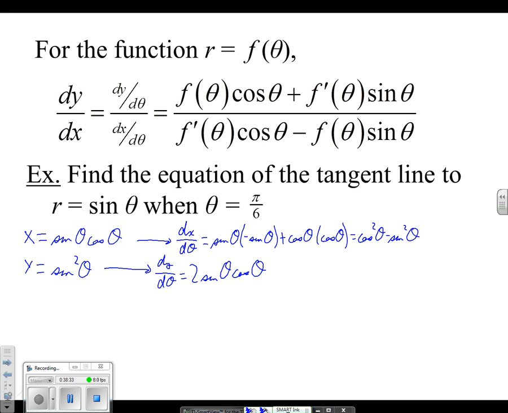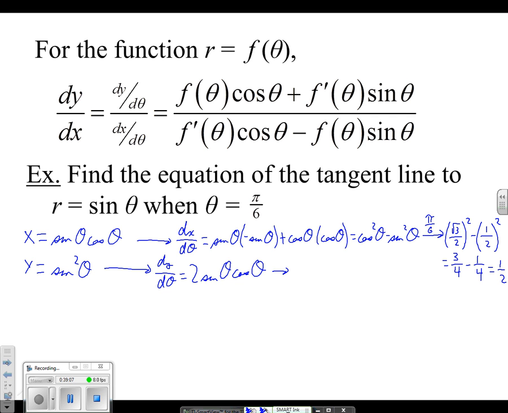I do want to evaluate both of these at pi over 6. So at pi over 6, cosine of pi over 6 is root 3 over 2. Sine of pi over 6 is 1/2. So I get 3/4 minus 1/4, which is 2/4, or 1/2.